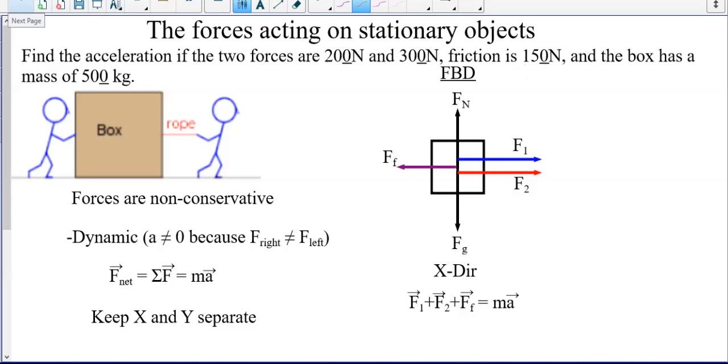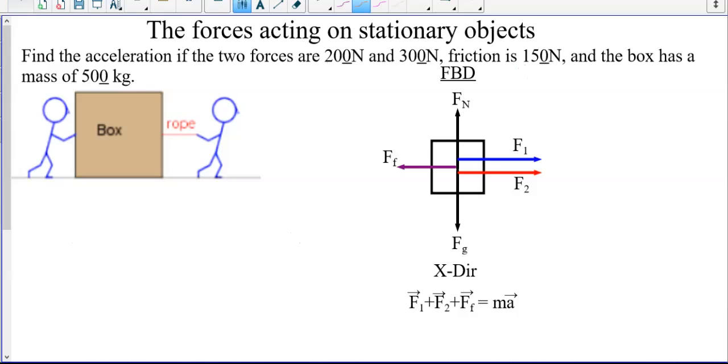All right, so if we clear up some space, we have room to actually start writing. If we make our positive direction to the right, then we label our actual forces accordingly. So if positive is to the right, then force 1 is a positive value, force 2 is a positive value, but force of friction is a negative value.